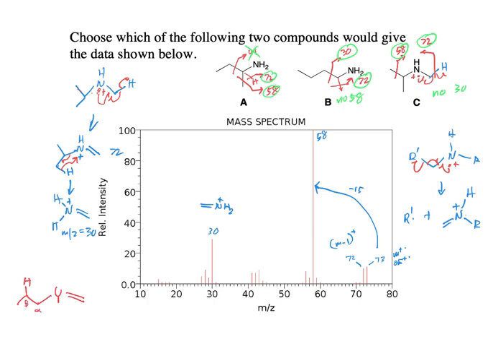So we could have other R groups coming off of either the alpha position or the beta position, or longer. Then this H goes here, and we lose that whole substituent. We just replace that whole group with a hydrogen. It's a second cleavage.